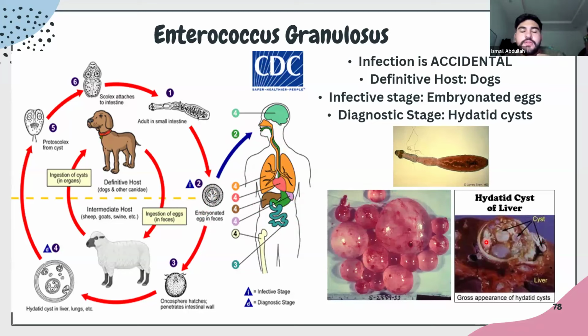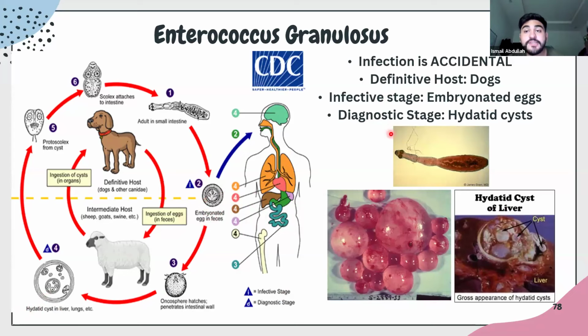So in the scenario of the patient that I saw, they were doing an X-ray, and the father found something in the lungs, something very tiny, and thought it was abnormal. Later, when they did further checkups and looked at the liver with ultrasounds, they found that there are hydatid cysts. Okay, so the infective stage is the embryonated eggs.